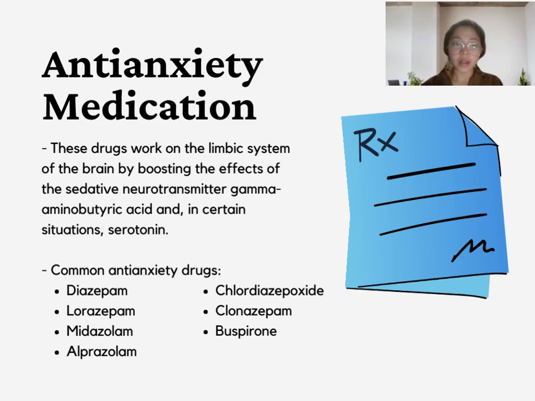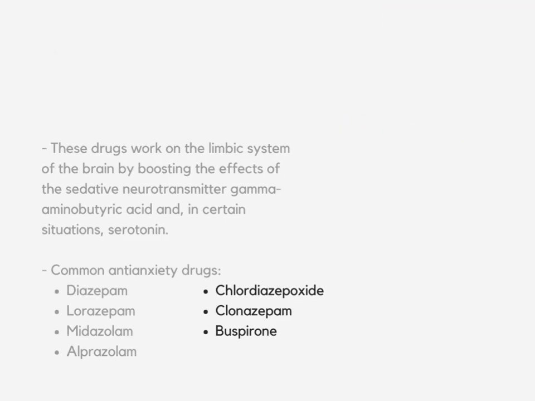These drugs work particularly on the limbic system of the brain by boosting the effects of the sedative neurotransmitter gamma-aminobutyric acid and, in certain situations, serotonin. Drugs in this class include diazepam, lorazepam, midazolam, alprazolam, chlordiazepoxide, clonazepam, and buspirone.